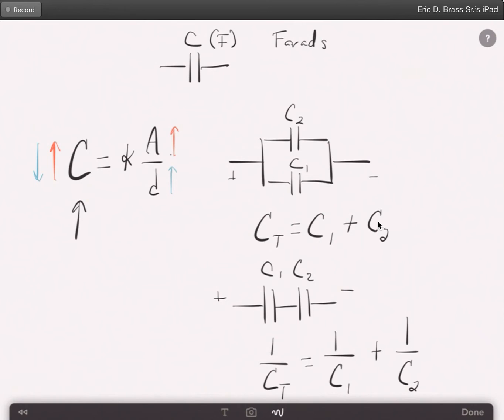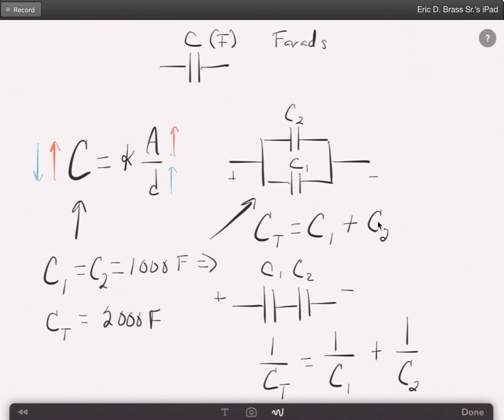So the idea is this: if C1 is equal to C2 is equal to 1,000 farads, this implies that the total capacitance for capacitors in parallel is just 2,000.